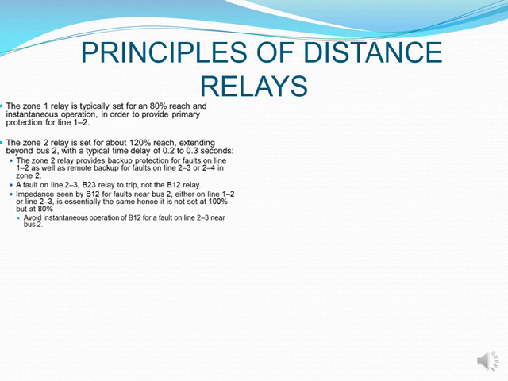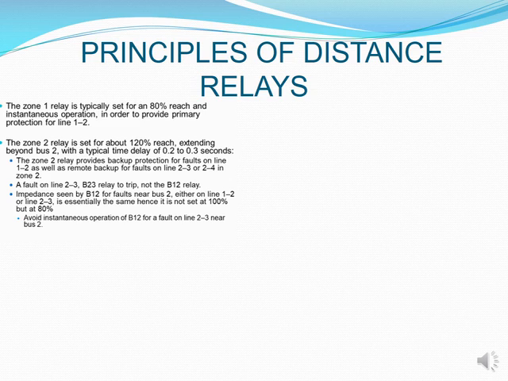Whereas if you look now at your zone 2, which we said was set at 120% reach, and it extended beyond your bus bar 2. So it has a typical time delay for your zone 2, which would be about 200 to 300 milliseconds.